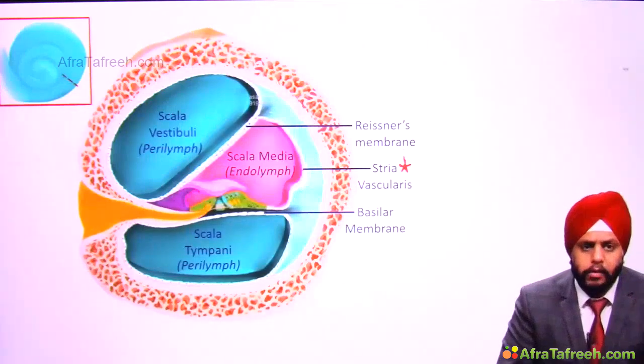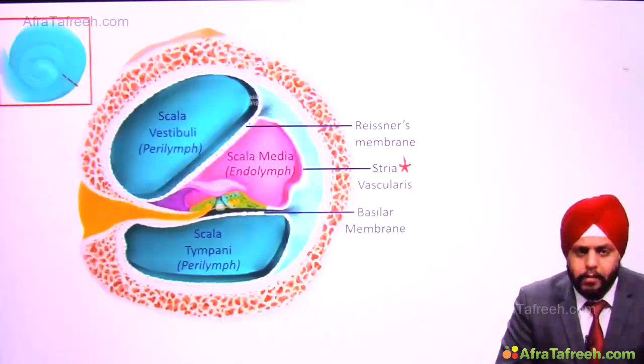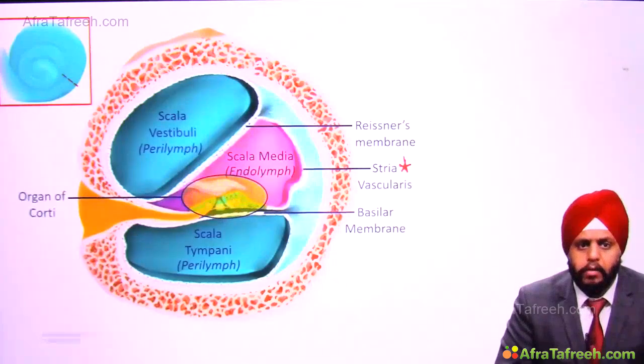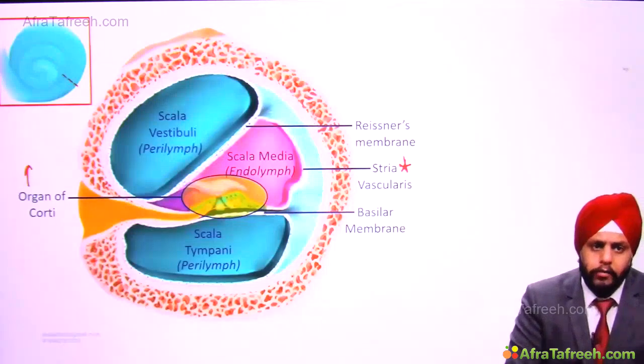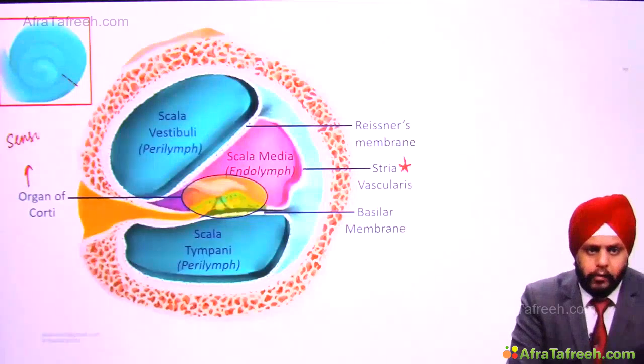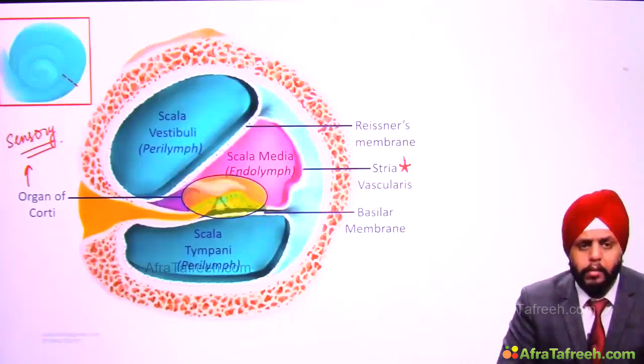Now other than this, you can see we have a very special organ on the basilar membrane sitting inside the scala media, that is your organ of Corti. Now organ of Corti, as I have told you earlier also, is the sensory organ of the cochlea. So this is the most important part of the cochlea.